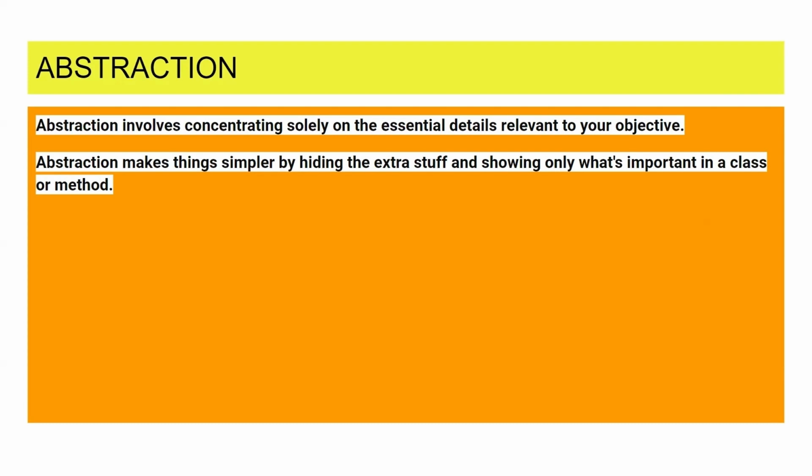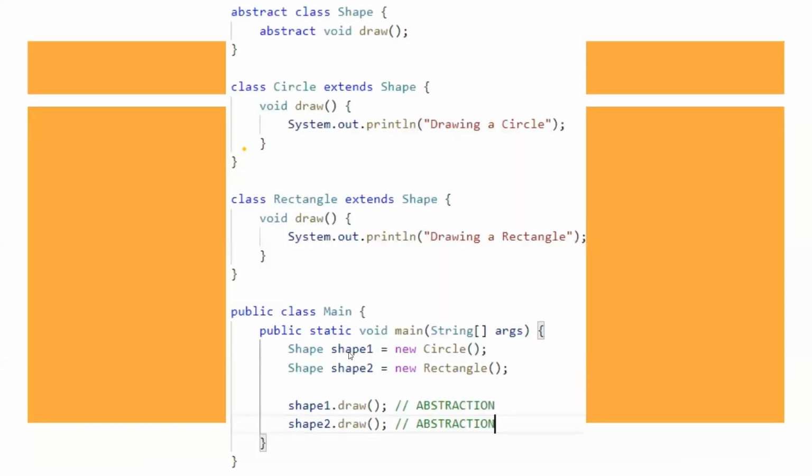Let's take an example of a Java code. Here, I have defined an abstract class Shape, and it has an abstract method draw. Later on, the classes Circle and Rectangle extend the class Shape, and they define the draw method.